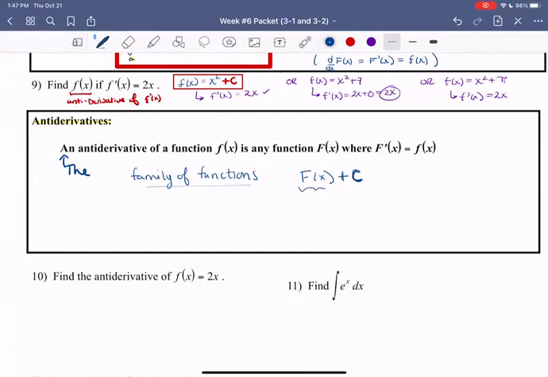But one other bit of notation I want to use is often then when we're asked to find an antiderivative of a function, rather than say it all out, what is an antiderivative of little f? We just write notation integral of f of x dx. So this is often how we notate our family of functions, big F of x plus c.